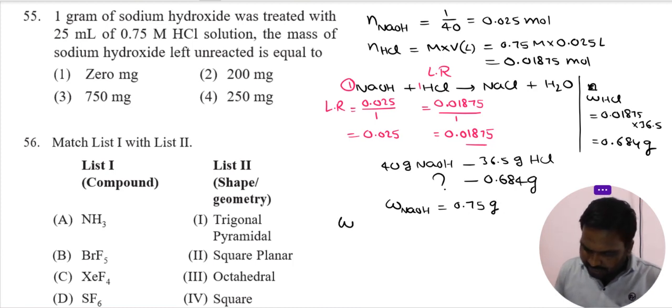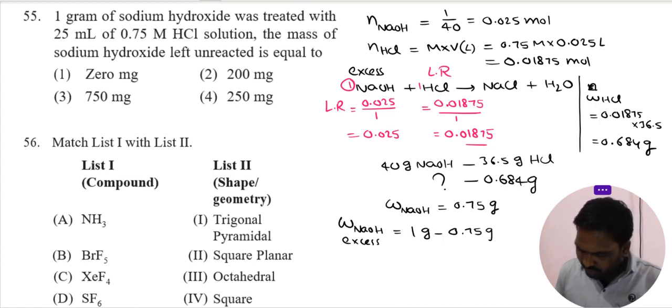But the unreacted weight of excess sodium hydroxide: sodium hydroxide is in excess. So the excess is 1 gram given minus how much reacted, 0.75 grams, only consumed in the reaction.